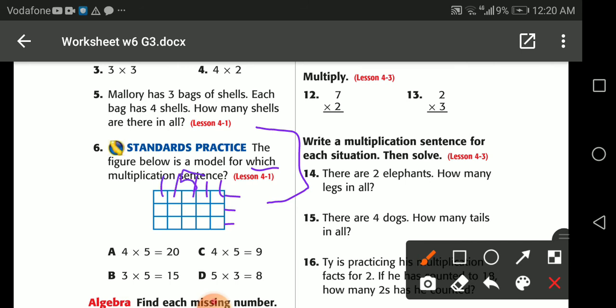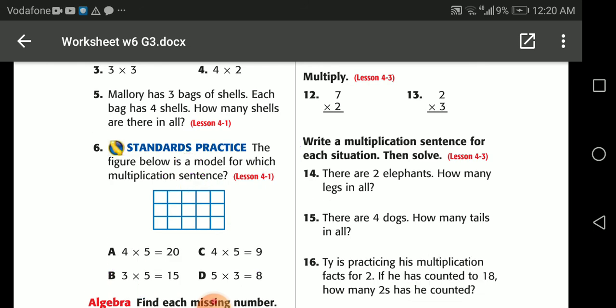So we write 5 and on this side 3. So it will be 3 multiplies 5. Where is 3 multiplies 5 here? We have it, and the answer here is 15, which is the right answer. And if you count all the squares inside here, they will give you 15.